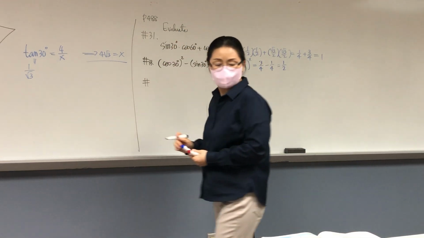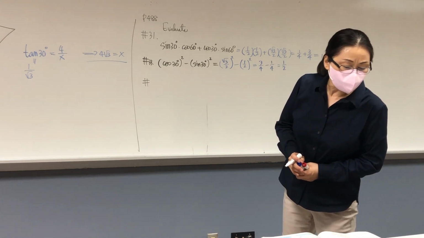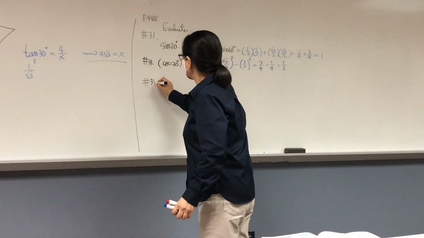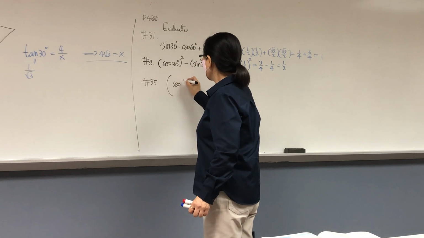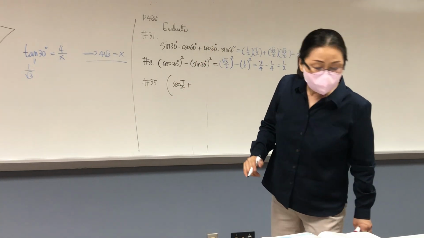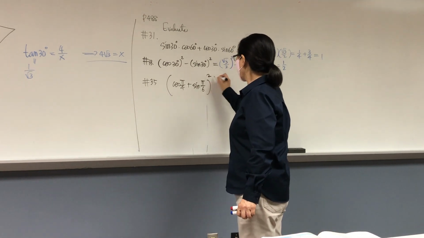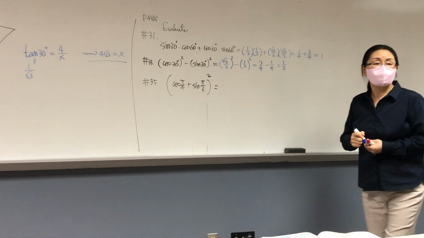Last one. How about 35? Cosine pi over 4 plus sine pi over 6 square. What do you want to do?